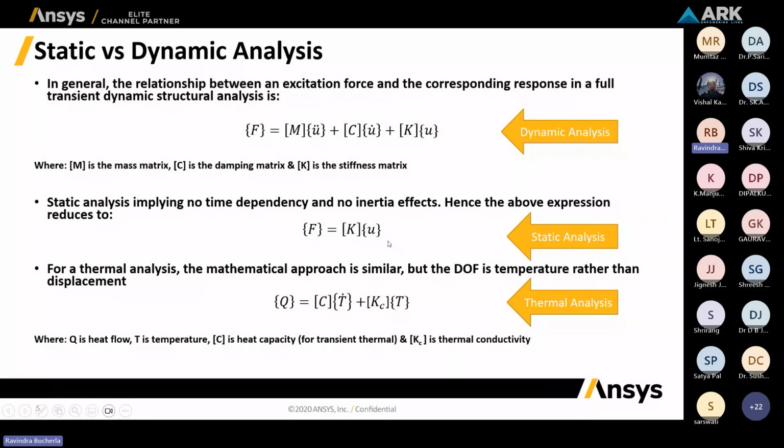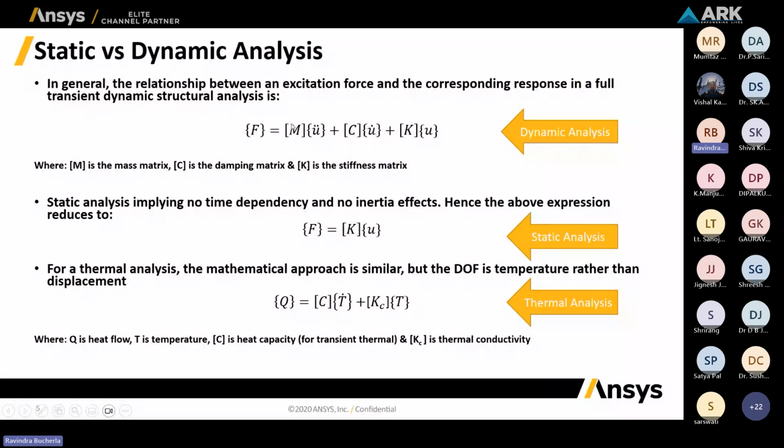Whenever our structure experiences any motion, like if we have an assembly and one of the components is moving, or if any external load is acting on the body with respect to time, then obviously inertia effects will also be included, and we consider that problem a dynamic analysis.